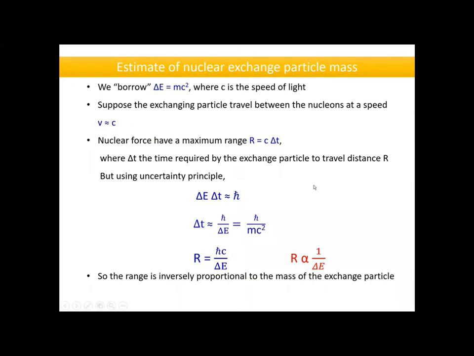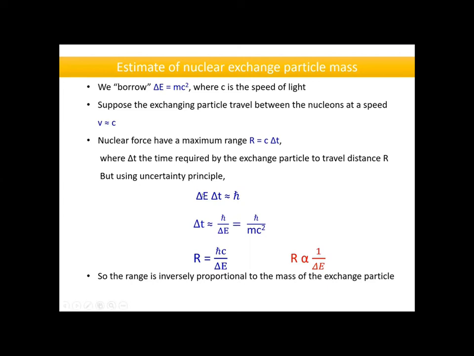Next, how do we estimate the mass of the nuclear exchange particle? We know the famous equation of Einstein, E is equal to mc square, where c is the speed of light. Suppose the exchanging particle is traveling between the nucleons at the speed of light. So the nuclear force has a maximum range r, which is equal to the speed of light times delta t, where delta t is the time required by the exchange particle to travel a distance r.